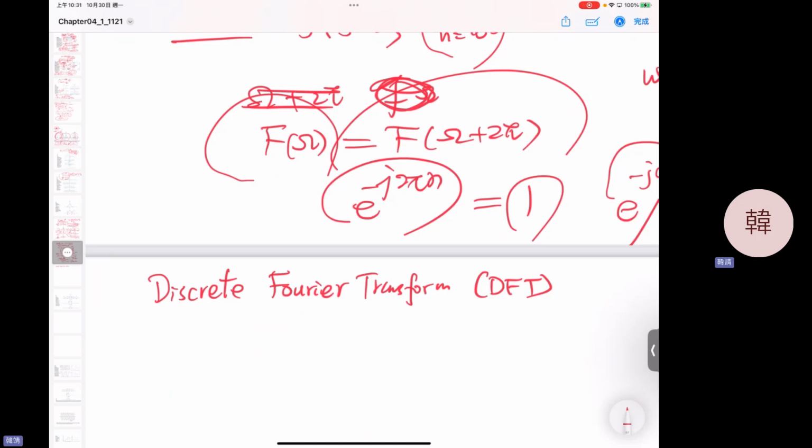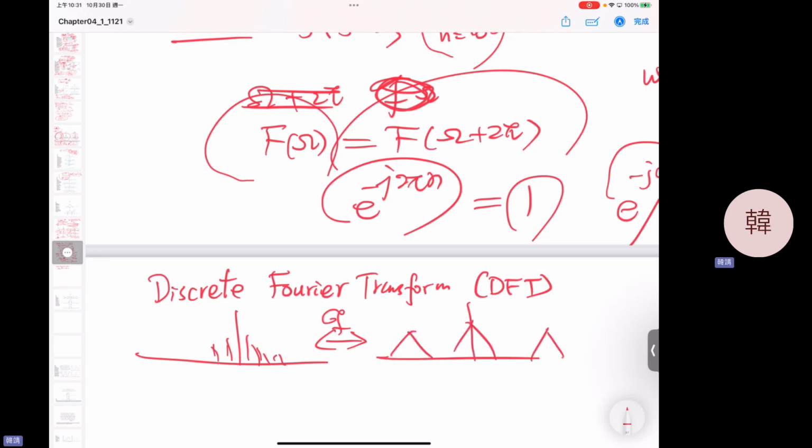So how do you do it? You have this sampled signal, and then the Fourier transform becomes the DTFT, a repeated spectrum there, with period 2 pi. And we are going to look at this one and sample it in the Fourier domain.